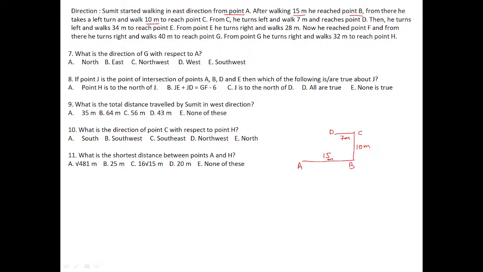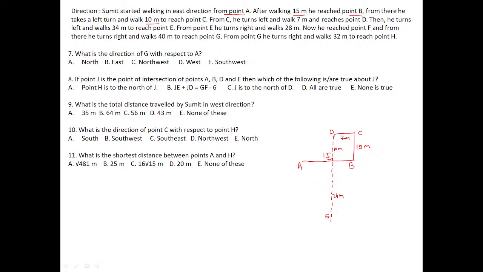Now this is 10, and another 24 meter D has to move. So just with an eye estimation, this is 24 meter and this is 10 meter, right? Now this is point E.